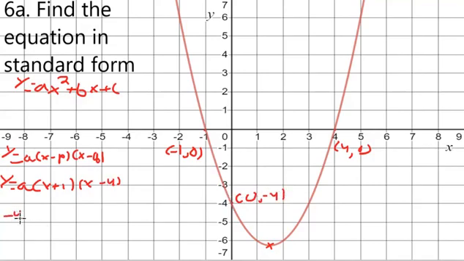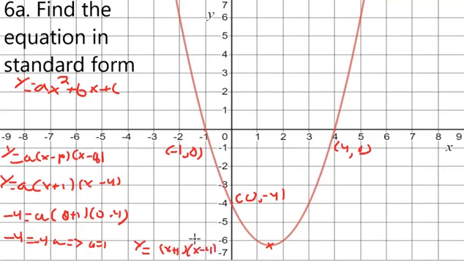You get negative 4 is equal to a times 0 plus 1 times 0 minus 4, which gives me negative 4 is equal to negative 4a. So that tells me that a is 1. So I have y equals x plus 1 times x minus 4.